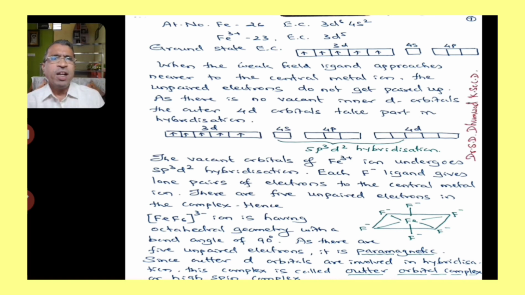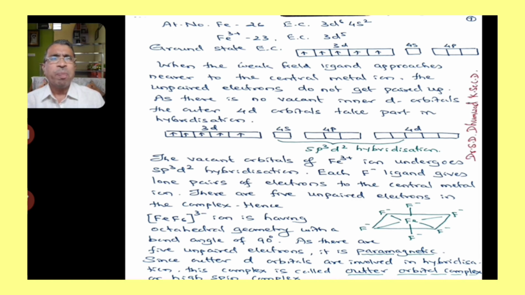When the weak field ligand approaches nearer to the central metal ion, the unpaired electrons do not get paired up. As there are no vacant inner d orbitals, the outer 4d orbitals take part in hybridization. So therefore, in this case, we have sp3d2 hybridization because of the weak field ligand.